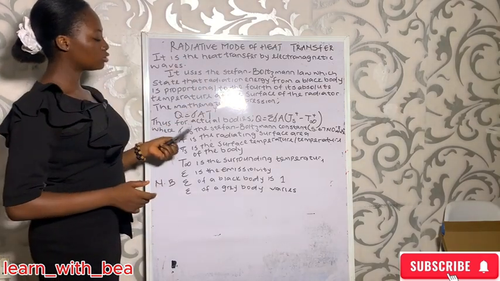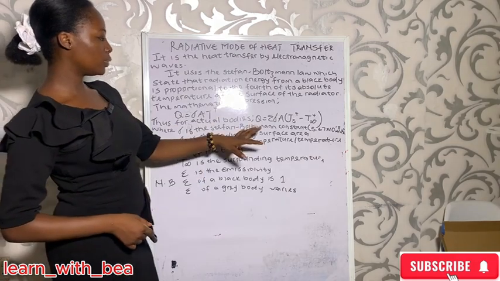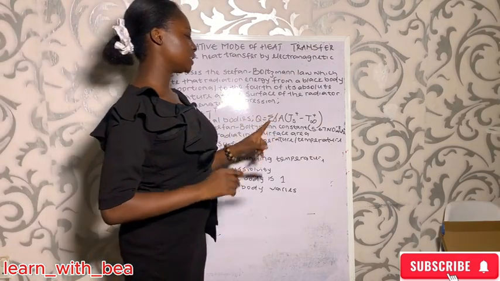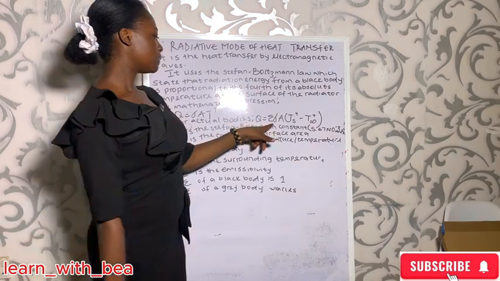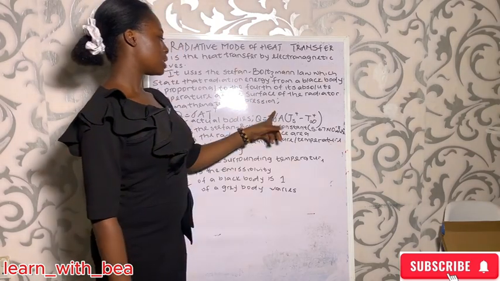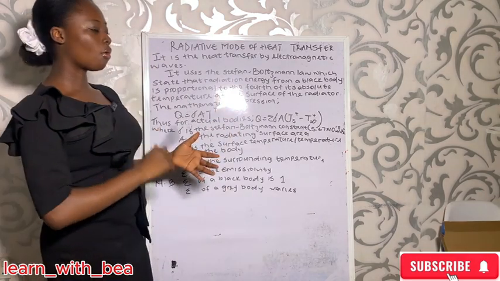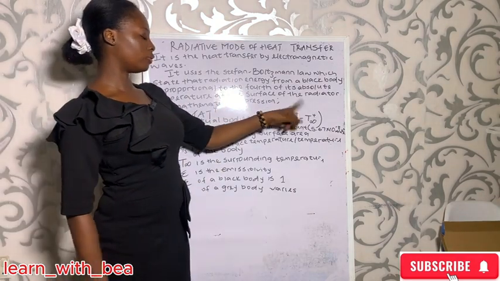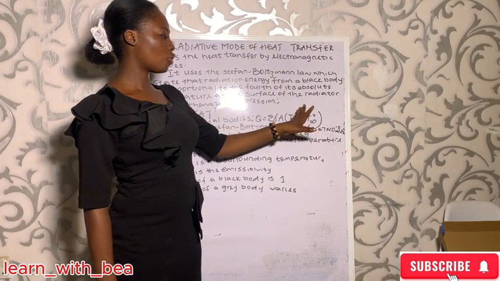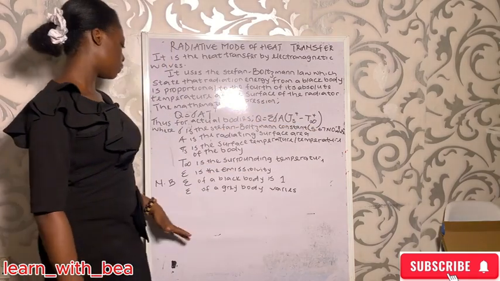Now, for actual bodies, our Q is the emissivity times the Stefan-Boltzmann constant times area, times, in brackets, temperature of the surface of the body to the power of 4 minus temperature of the surroundings to the power of 4.